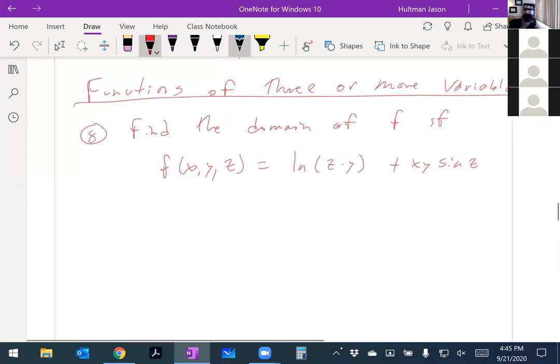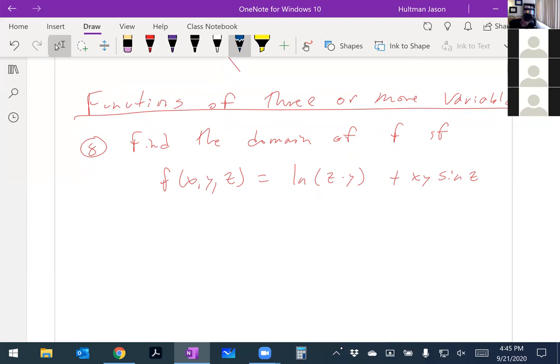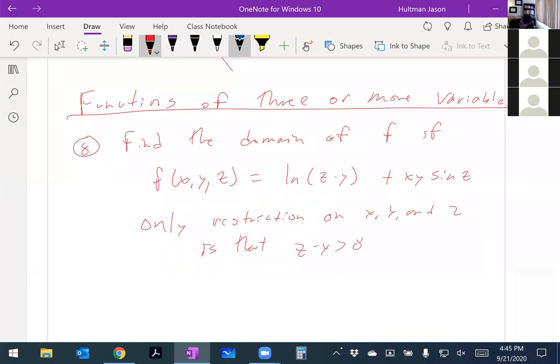So what's the restriction on z, x, and y? Well, the only restriction on x, y, and z is that z minus y has to be greater than 0, or z has to be greater than y.